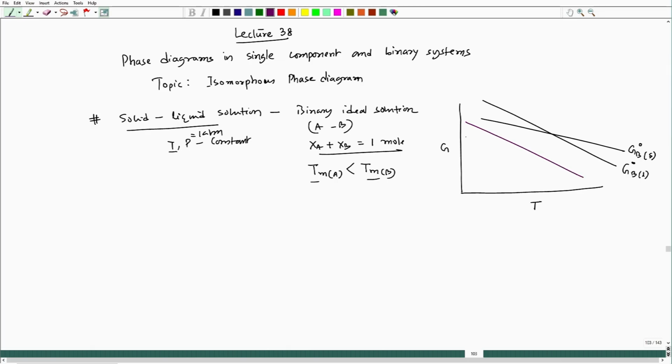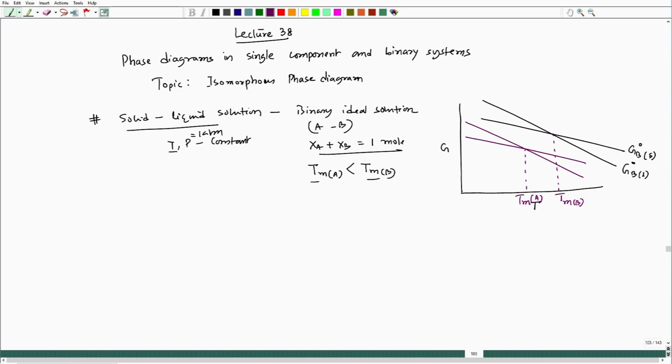Remember, this is an arbitrary plot just to show the variation of free energy values of A and B. Had we known the actual Cp values of liquid and solid A and B, then definitely we would have drawn the true scale picture. So, this is a schematic representation. So, this is my T M A and this is T m B, since the free energies of solid and liquid for A and B are equal at that junction point.